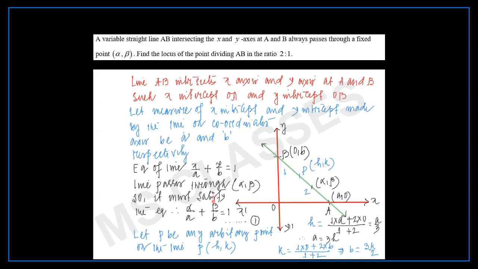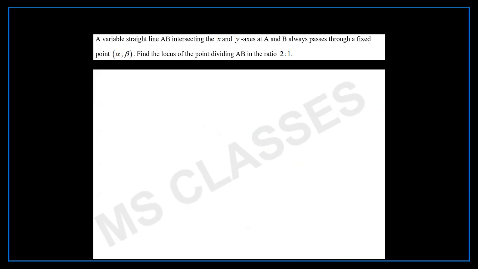So on substituting the value of A and B in equation 1, that is alpha by A, which is alpha by 3H, plus beta by B, where B is 3K by 2, equal to 1.